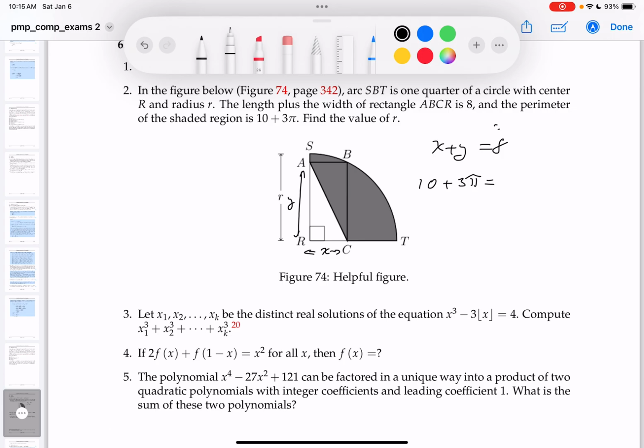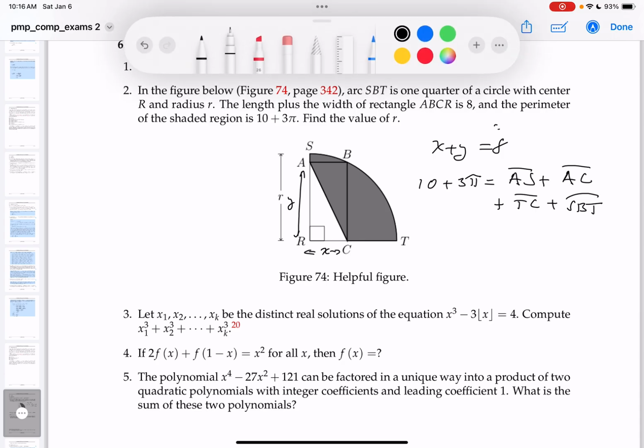Looking at the picture, it's the length of AS plus the length of AC plus the length of TC, or CT, plus the arc length of SBT.